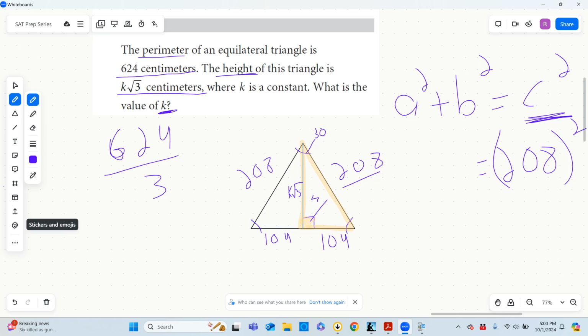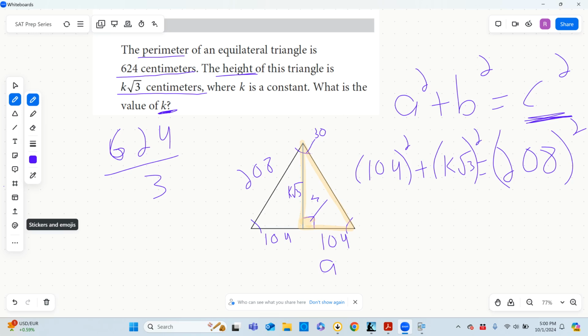All right, a squared can be one of these sides and b squared can be the other side. So let me plug those in. Let's erase, give ourselves a little bit of space. Let's say that this is my side A, so that should be 104 centimeters. I'll square it, plus side B is going to be k radical 3.